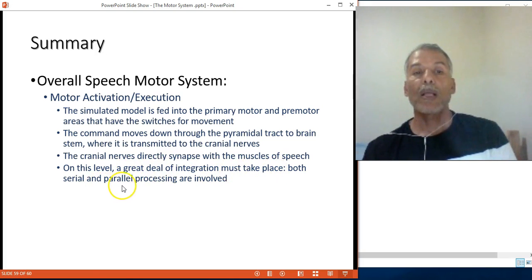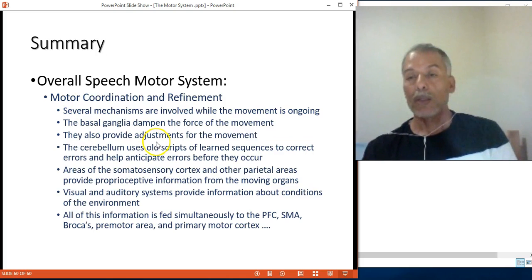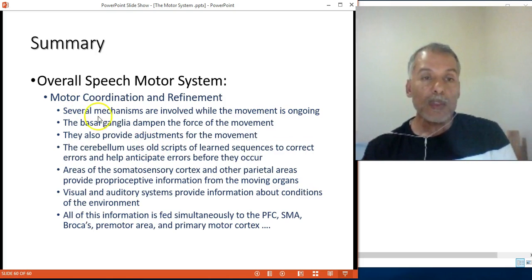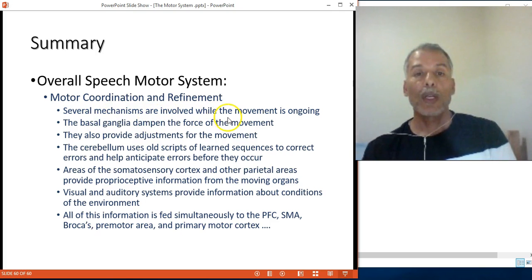On that level, a great deal of integration must take place. Both serial and parallel processing are involved, like sensory feedback, so that you can guide your movement and coordinate it. So several mechanisms are involved while the movement is ongoing. The basal ganglia dampen the force of the movement, as I explained before. They also provide adjustments for the movement itself.